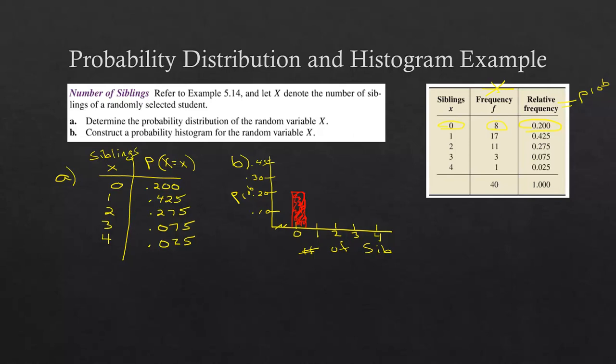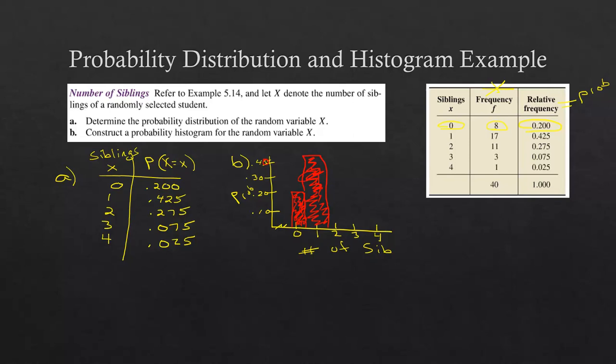Alright, what's the probability when x is 1? Well, it's 0.425. That should say 0.4. Alright, 0.425 is going to be somewhere up here. Excuse my shaky hand drawing here. And so here's the probability bar, histogram bar, that represents 0.425.